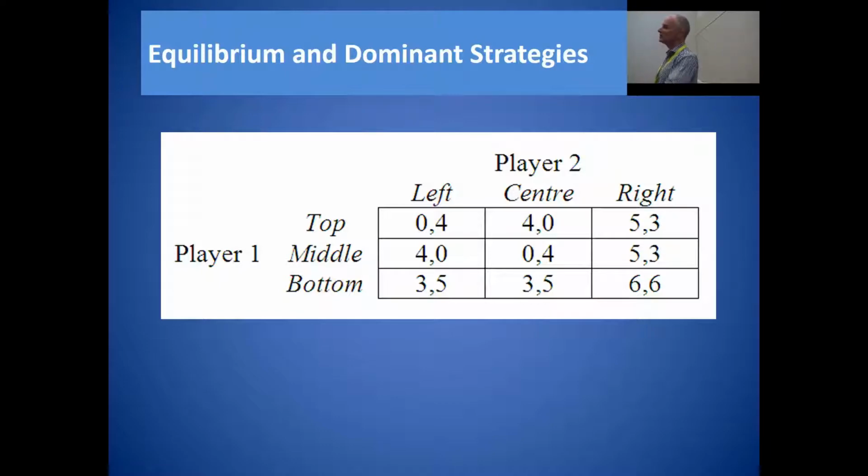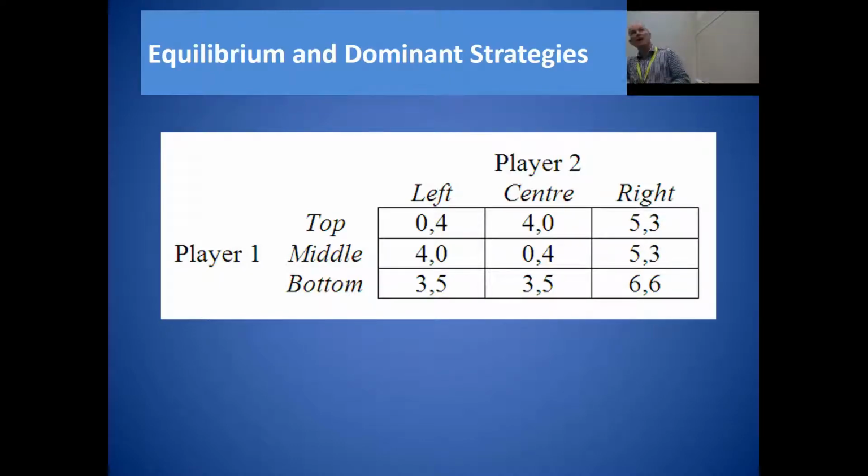Player 1 chooses between top, middle, and bottom. Player 2 chooses between left, centre, and right. A very, very simple game. And these numbers represent the payoffs to the players. Those combinations. One player chooses one strategy, the other player chooses the other strategy. And remember that convention we went through last week? The numbers, the order in which we present them.